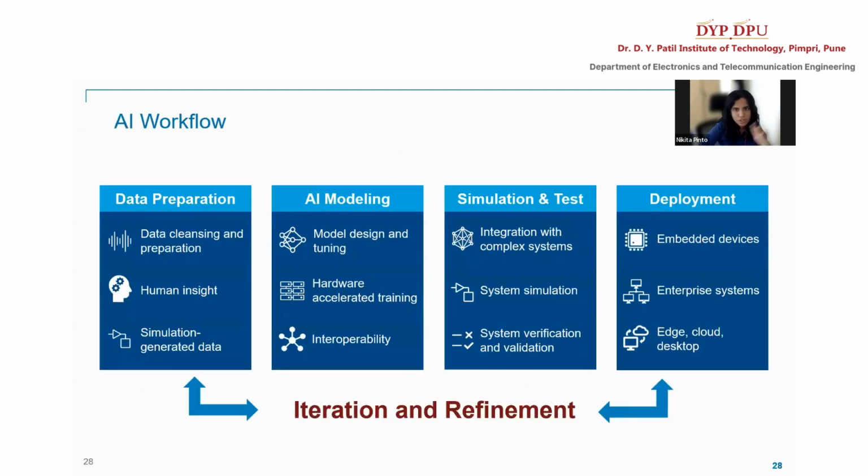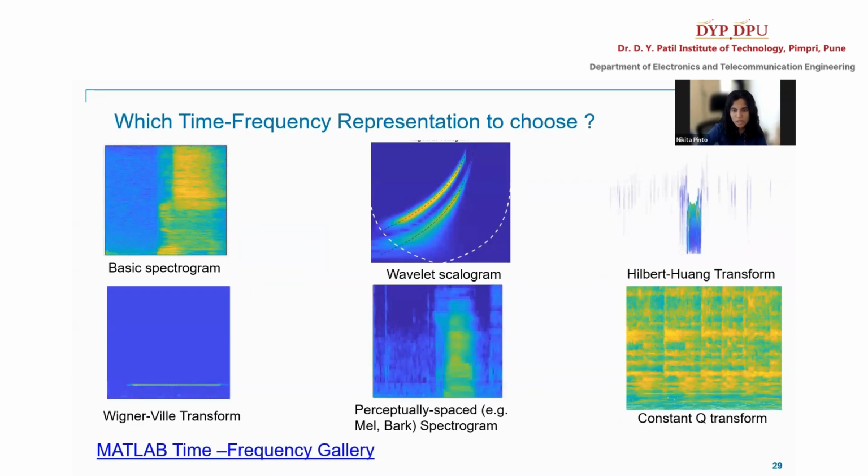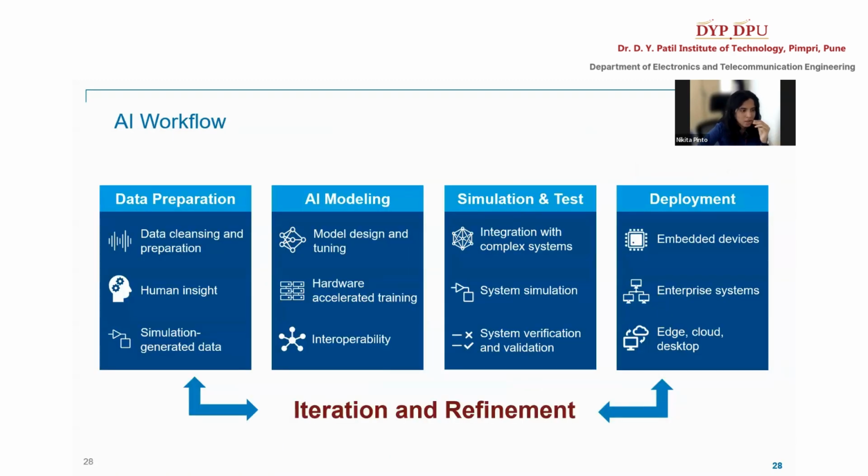So this is what the general AI workflow would look like. And you saw that in our case, we did mostly part 1 and part 2. If you're interested in learning about part 3 and part 4, let us know. We can point you towards some resources or discuss those with you as well.